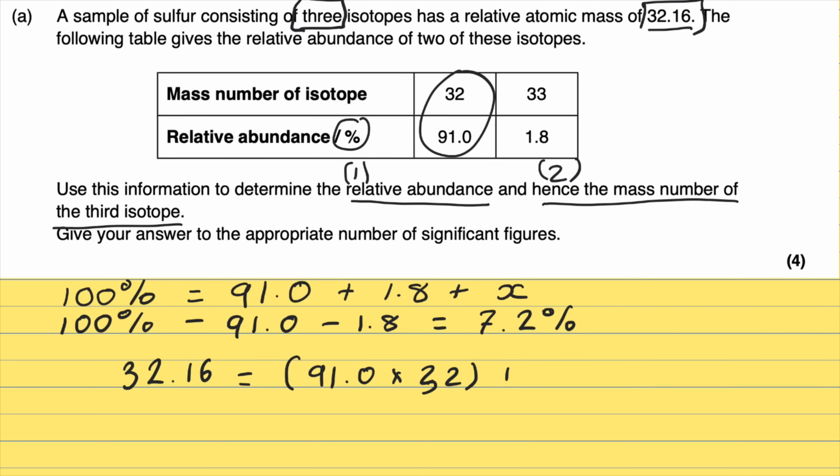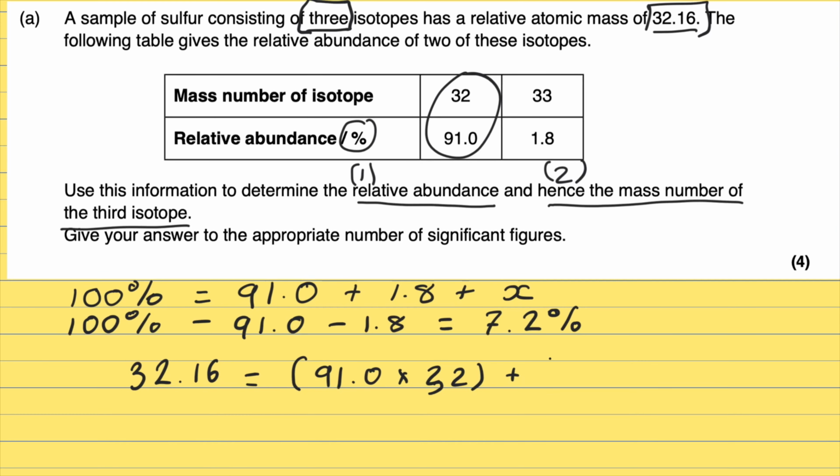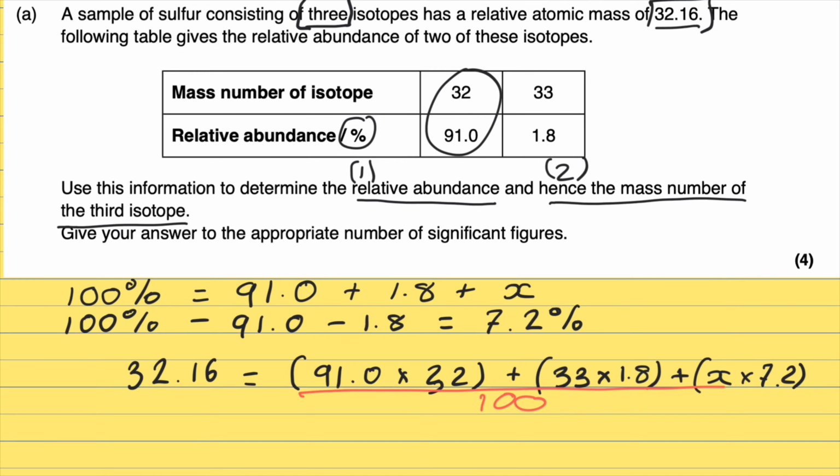We're going to add that to 33 times 1.8, and we're going to add that to the one that we don't know, so we're going to call this x again, and that is times 7.2, because we just worked that out. Oh, sorry, that's divided by 100. So I'm just going to move that up. Second stage of this is to expand the brackets and rearrange.